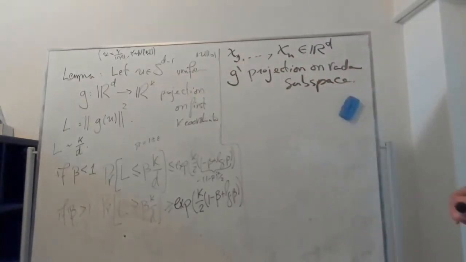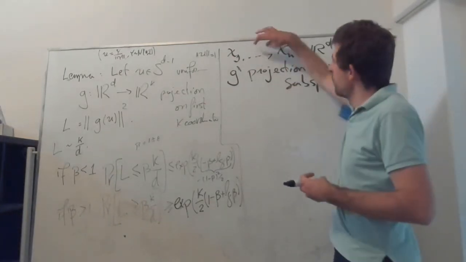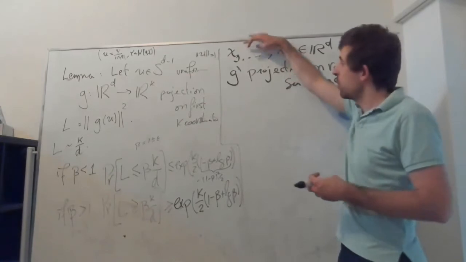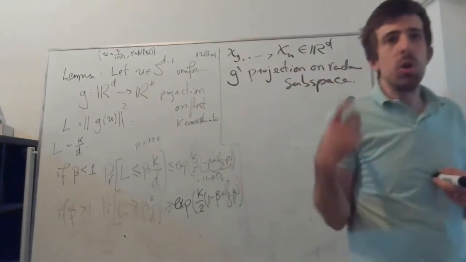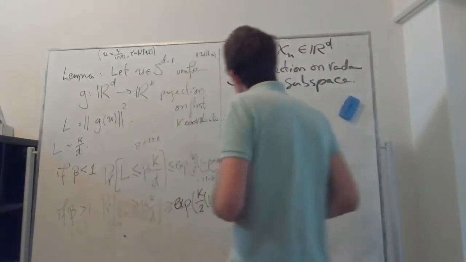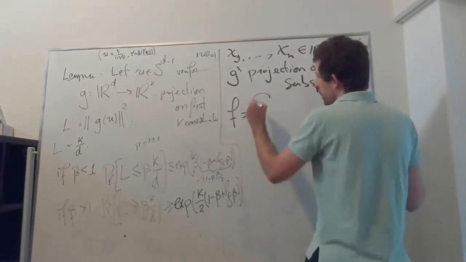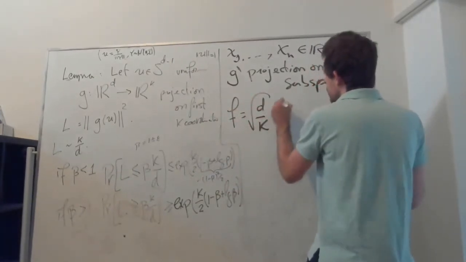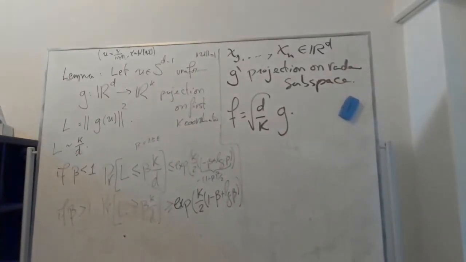But now I know the typical norm: when I do the projection of something with a certain norm, say xi minus xj, I want the norm to be kept. But the norm goes from 1 to k over d, so I should take f to be the square root of d over k times G. This is the distribution I'm going to take.